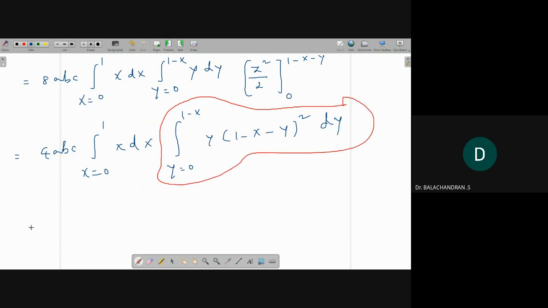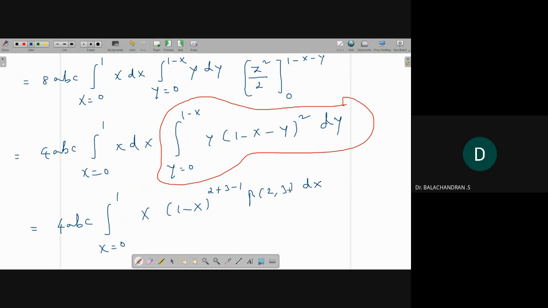Okay, what is this? 4ABC integral x equal to 0 to 1, x into 1 minus x whole power 2 plus 3 minus 1, beta of 2 comma 3 into dx.